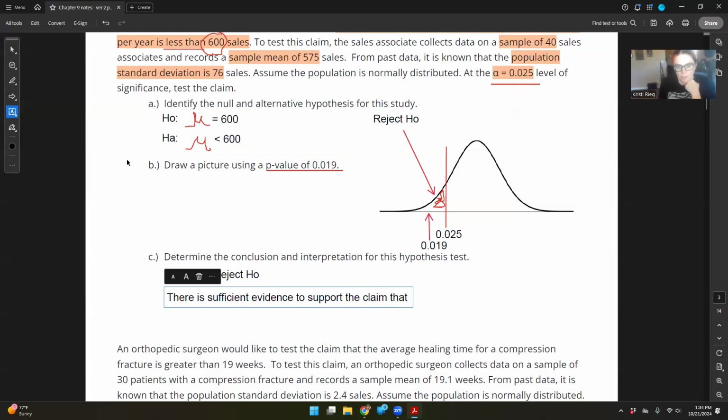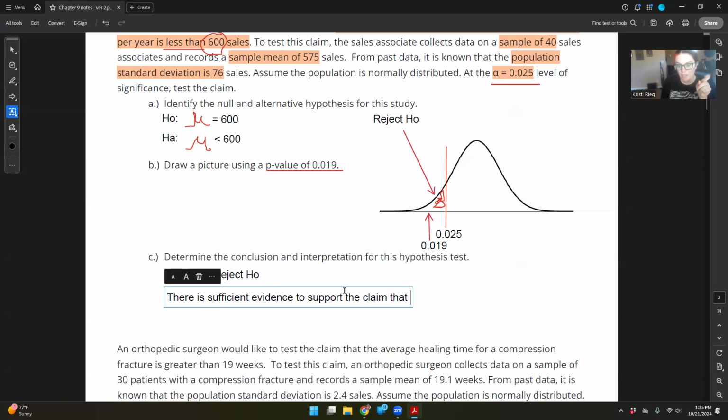Rejecting the null means the null is not true. That means we want the alternative. So we will support the alternative. Throw the top one in the trash. We want the bottom one, the alternative.